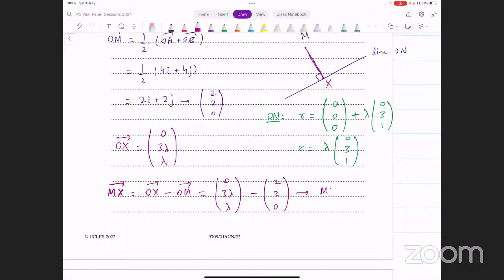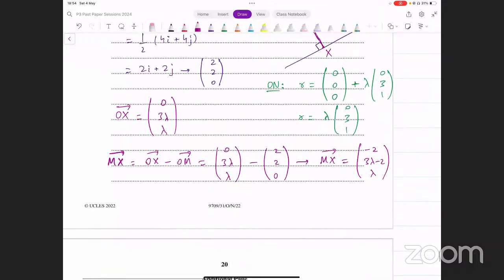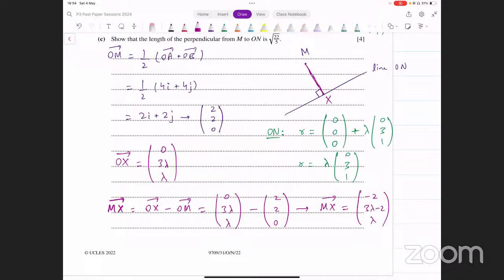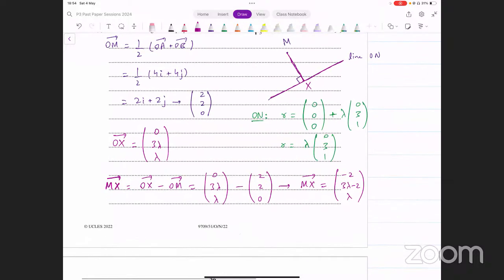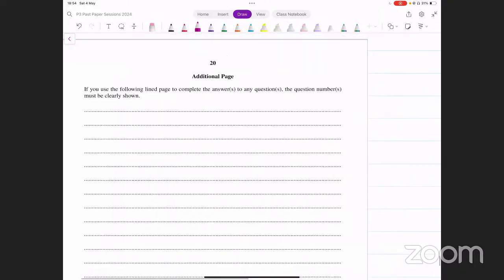The vector MX therefore becomes minus 2, 3 lambda minus 2, and lambda. That's the vector MX. Now that we've got the vector MX, we say that MX is supposed to be perpendicular to the direction of this line ON.